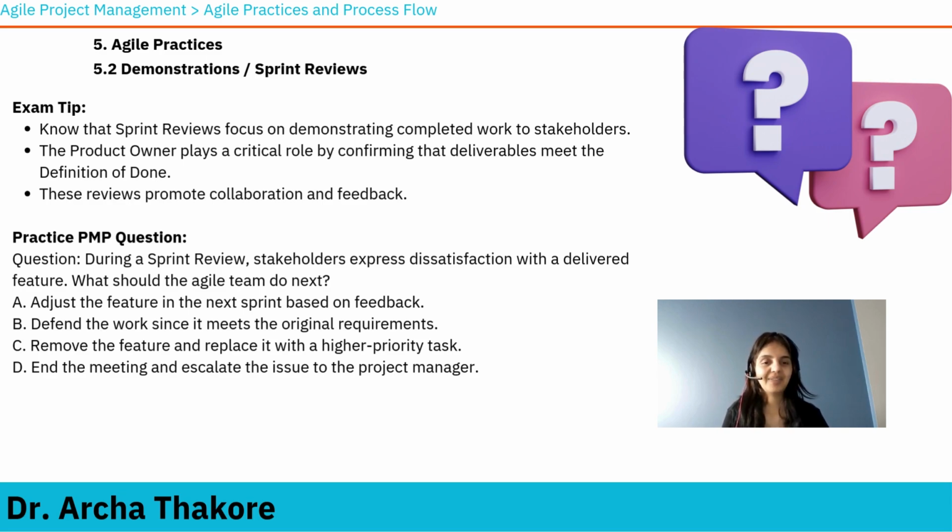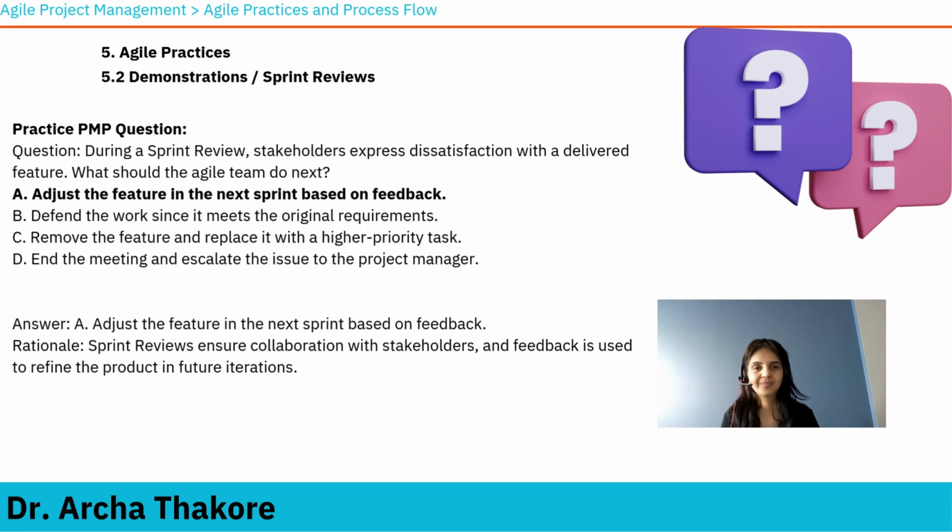Let's see if that's correct. Yes, so the correct option is option A, adjust the feature in the next sprint based on feedback. Why are we doing the sprint review? To make sure that what we are doing is in line with the customers' expectations. This will be followed by the retrospective, where we will discuss improvements.